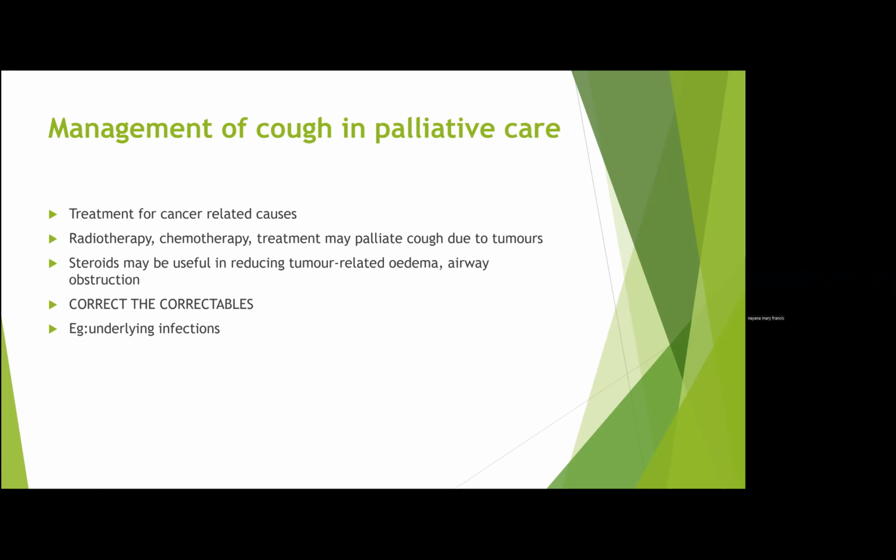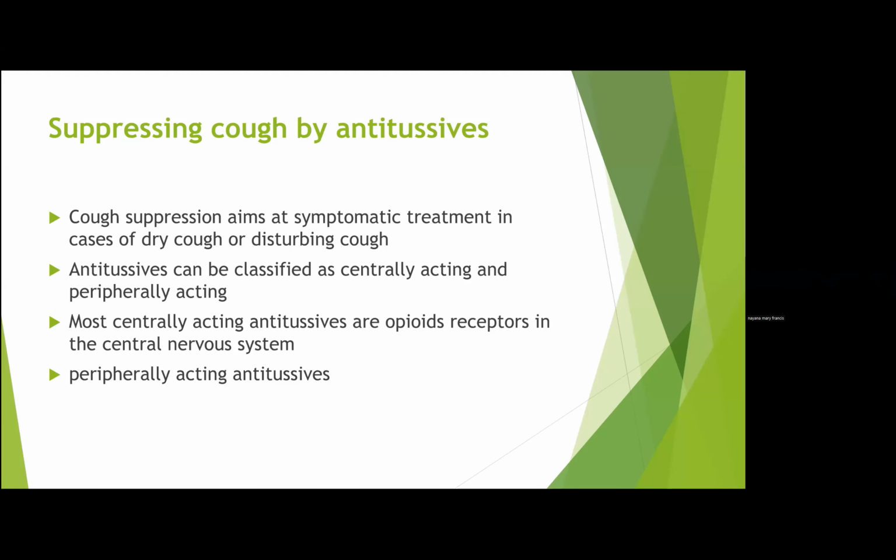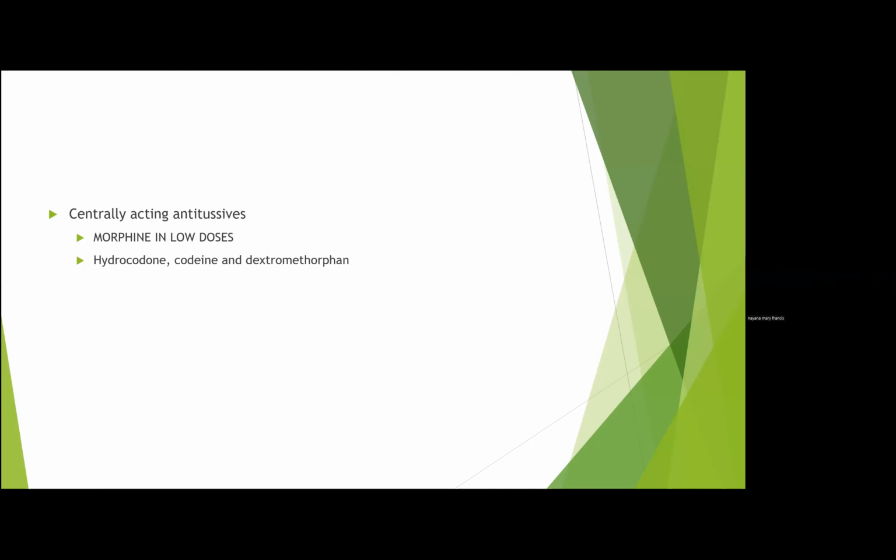Like if the patient is having any underlying infection, we can correct it. Now, using cough suppressants, but sometimes cough suppressants fail, and then here also we give morphine. It's very rare giving morphine to these patients, but we can give if the patient is having intractable cough, not responding to any other medicines, antitussives.